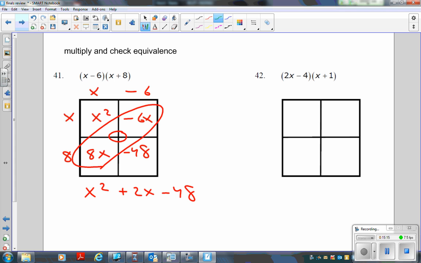Now we're going to check it. The way you check is by putting this in y1 and putting this in y2. All right, let's go ahead and check it.